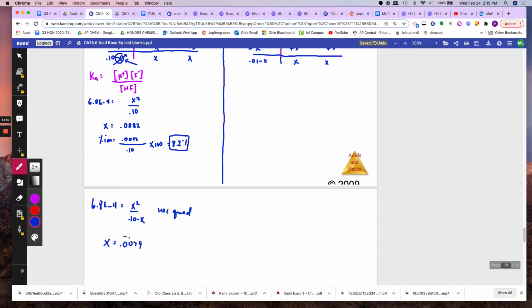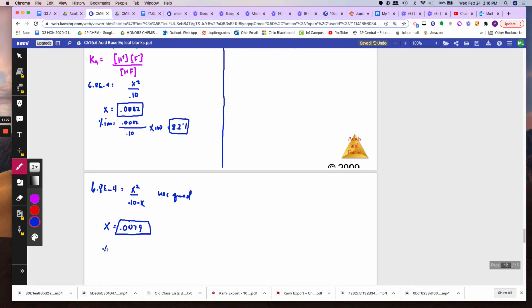If you compare this 0.0079 to the previous value, it's not that much different. It's just so small. So the percent ionization here is 0.0079 divided by 0.10 times 100.